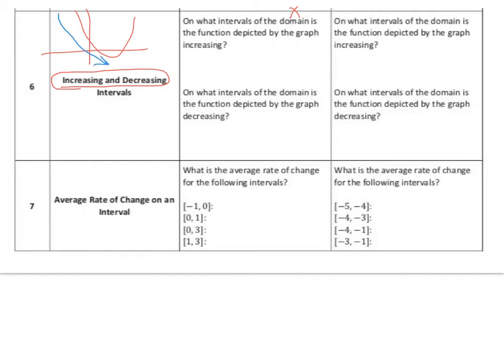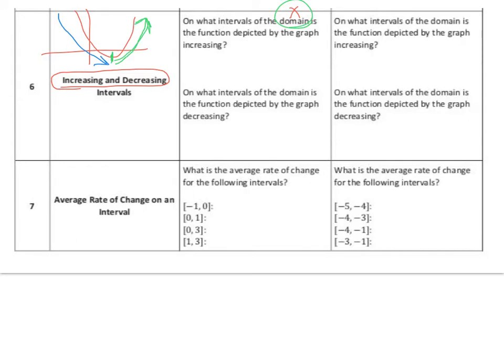Let me get a different color. And then I'm increasing from the vertex and on. So that's how we have to notate our intervals for increasing and decreasing. This is our x values. So those are the only numbers that we're going to represent. The first one is increasing. So from the vertex and on, we are increasing.